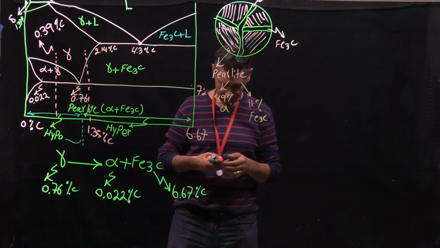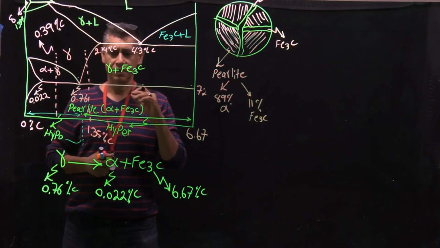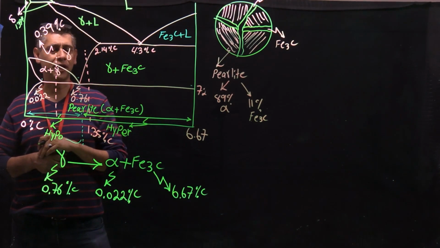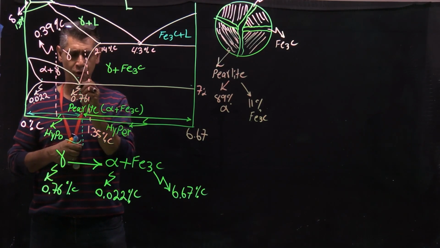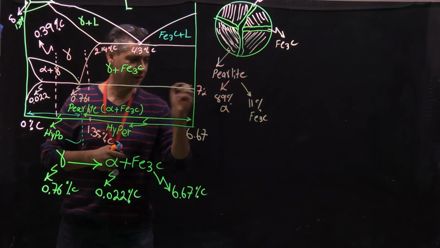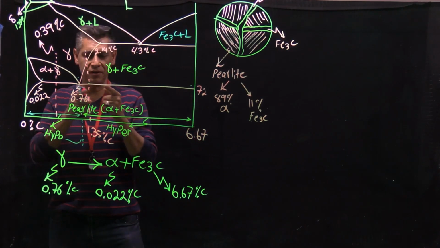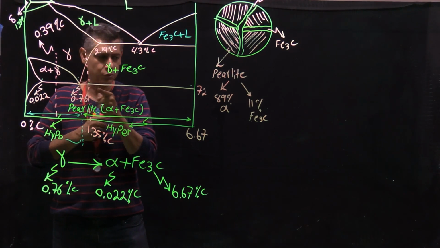Let's just do the actual math and see how many percent I have primary cementite and how many percent I have the perlite. So again, I do the lever law just above the eutectoid point. So I have 3 points, this point, and this point. So if I want to know how much cementite I have, primary is this length to the whole length.